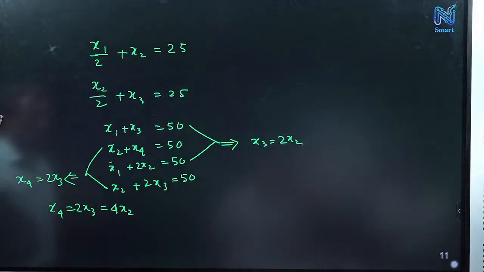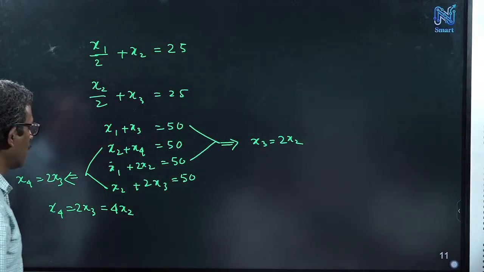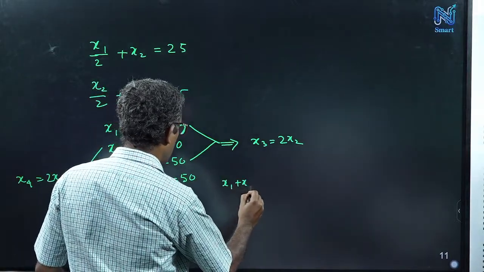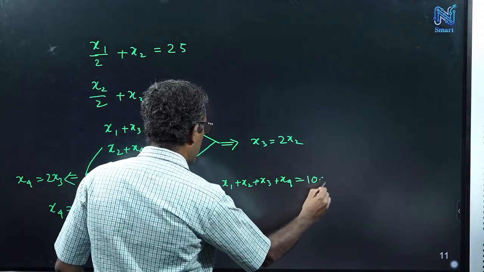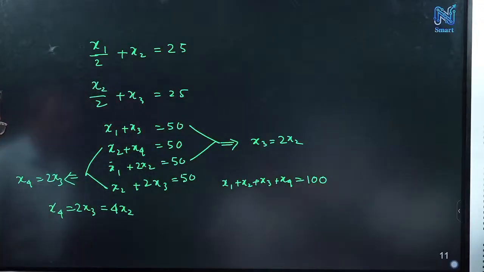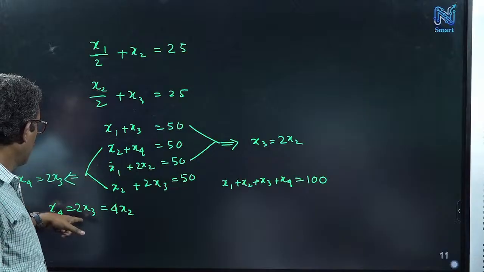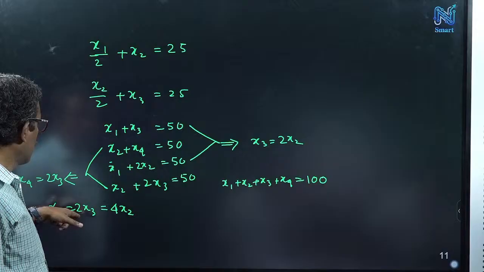Then how do you find x1? x1 plus x2 plus x3 plus x4 is 100 from these, right? Okay. And then one more equation you need, right? How to find this x1?